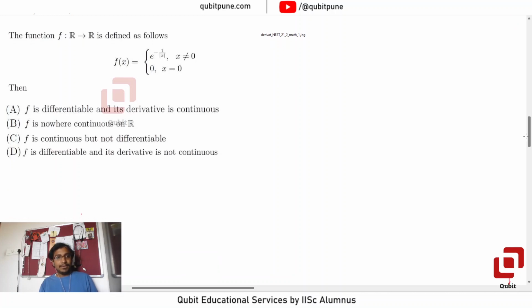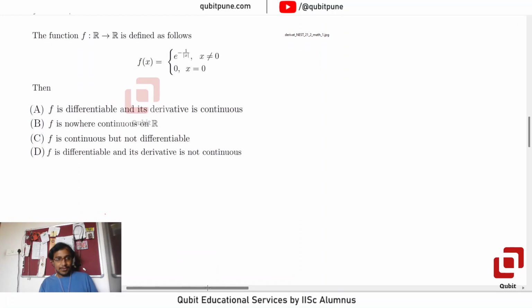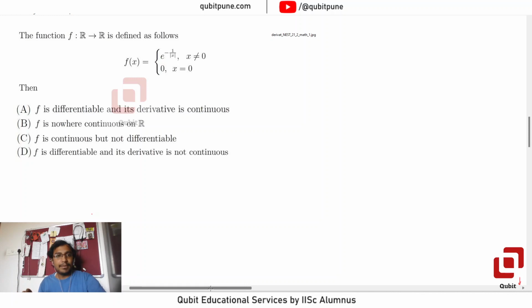Okay, in that case, let us go to question number 2, this one. The function f from R to R is defined as follows. F of x is equal to e to the power negative 1 upon mod x, x not equal to 0, and is equal to 0 when x is equal to 0.